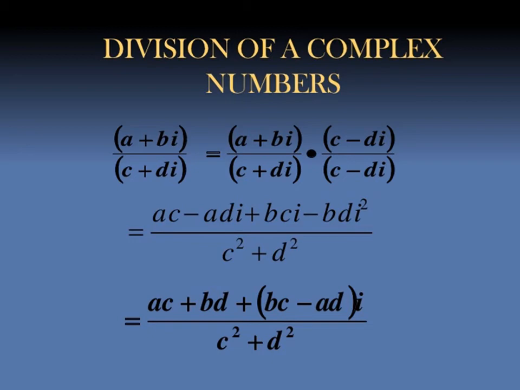Then what is i square? This i square becomes minus 1. Therefore, the sign of b into d changes to plus.